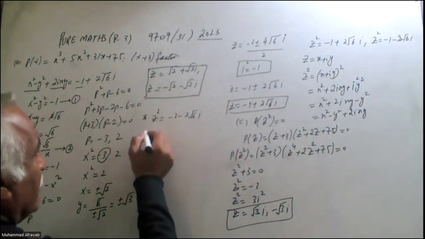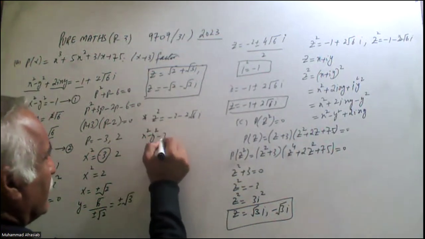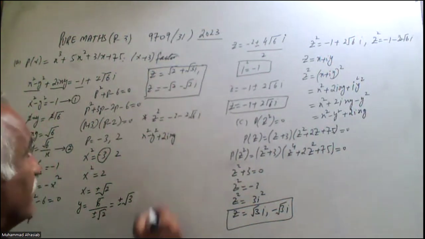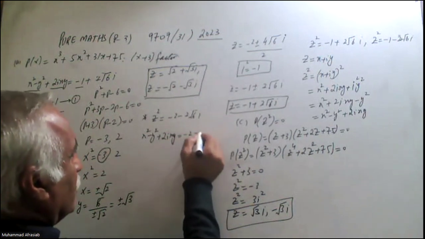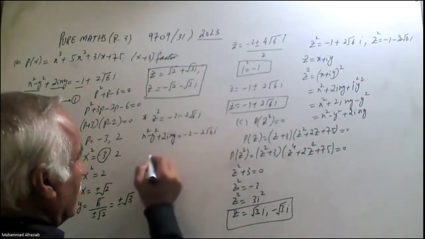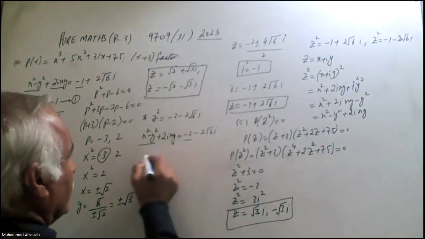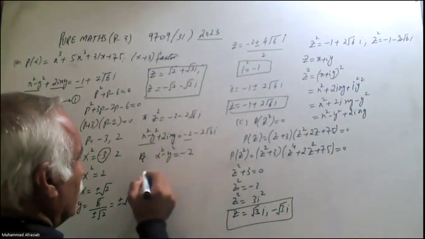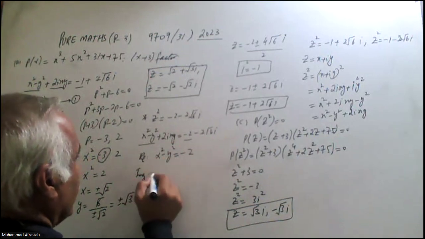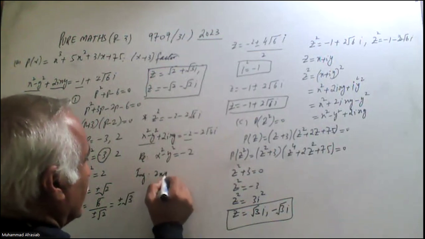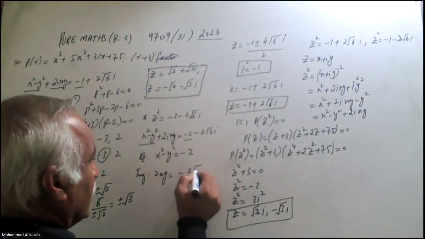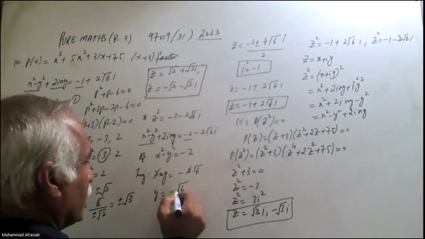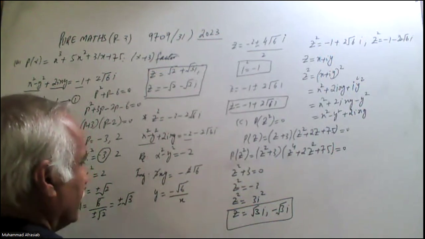Let z square is equal to x square minus y square plus 2 iota xy equal to minus 2 minus 2 root 6 iota. Now comparing the real part, x square minus y square is equal to minus 2 and the imaginary part, 2xy is equal to minus 2 root 6. 2 and 2 cancel. So y is equal to minus root 6 over x there.